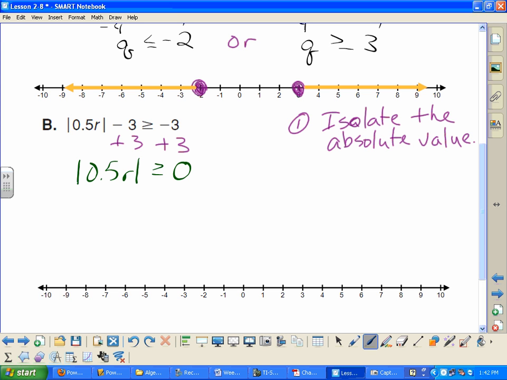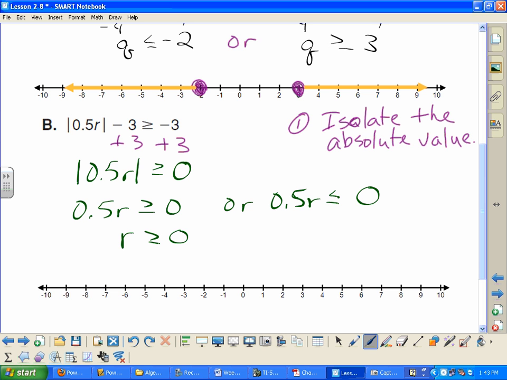So the answer to this is going to be, if I did this, I'd say 0.5r is greater than or equal to 0, or 0.5r is less than or equal to negative 0, which is still 0, isn't it? So if I divided by 0.5, I would get r is greater than or equal to 0, right?